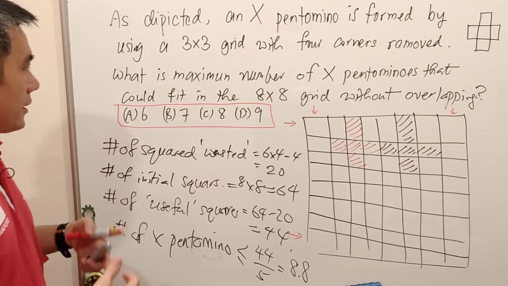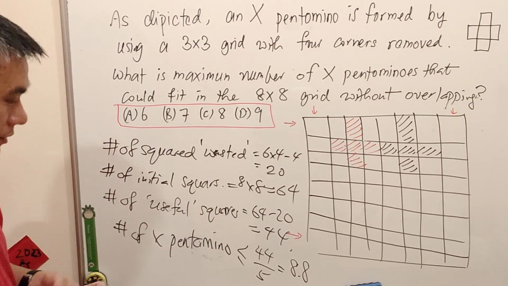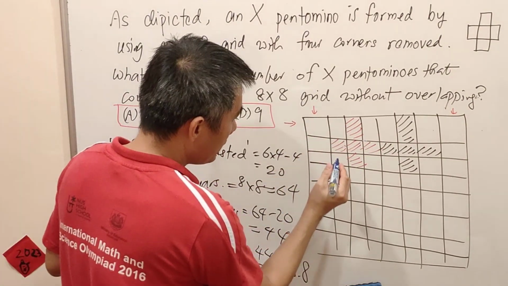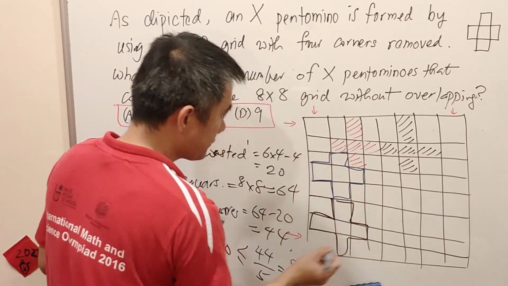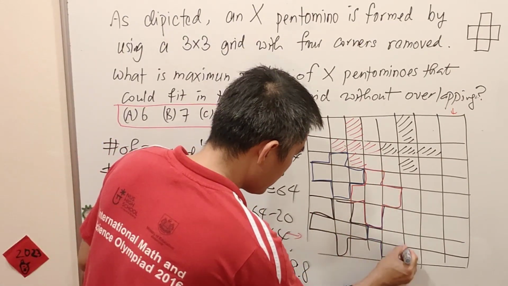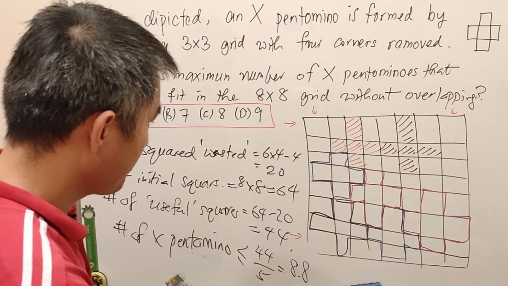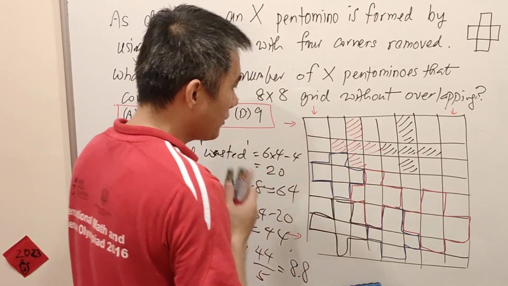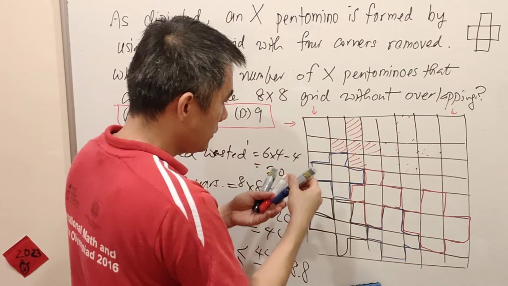Then we need to see whether 8 X Pentominoes could fit into this 8x8 grid. Okay, so we already put 2. So now let's try another one here. We have 7 now, and it seems that we can't put one more, so we need to make some adjustment by moving this to here.